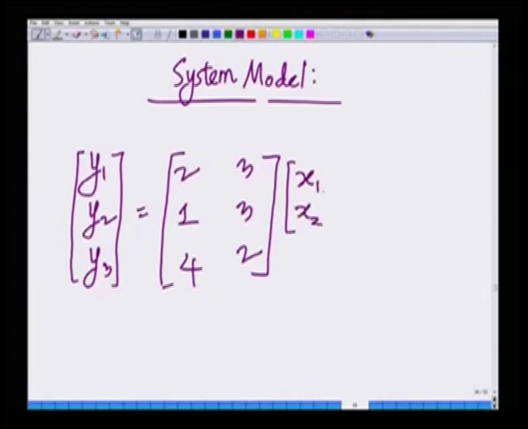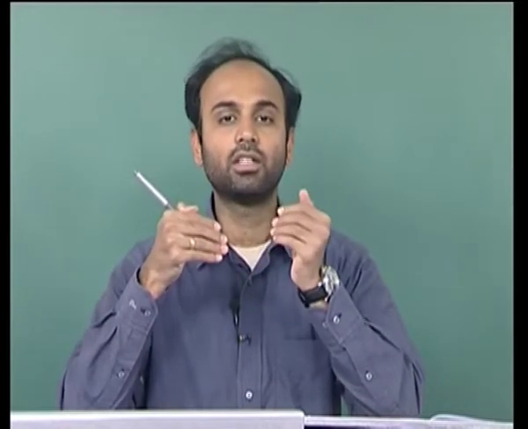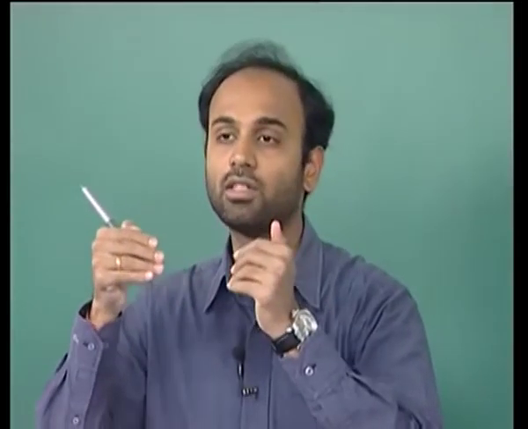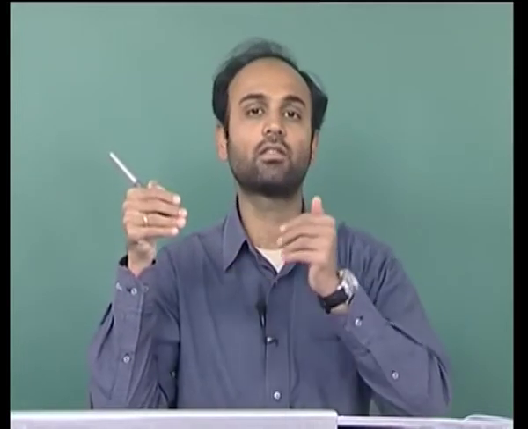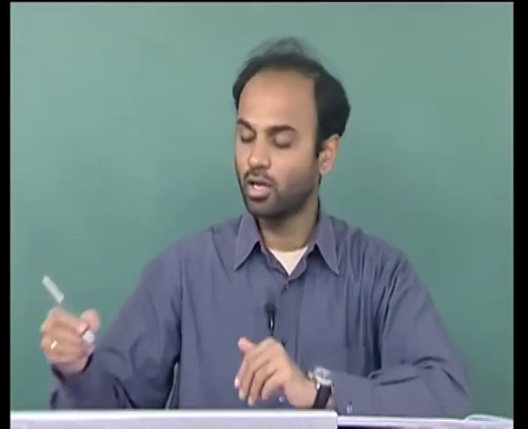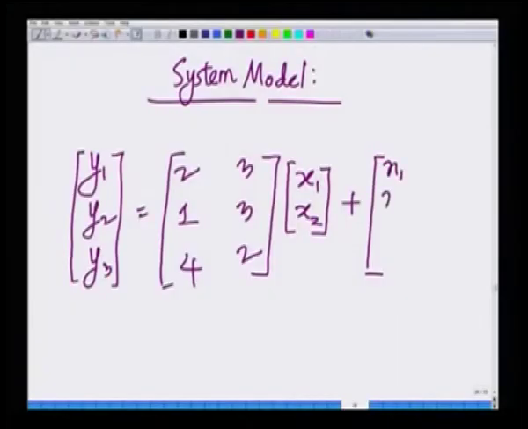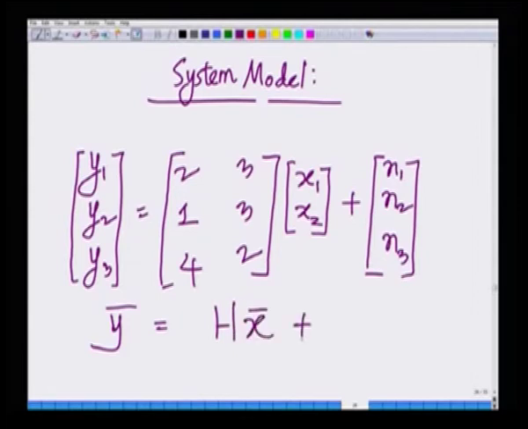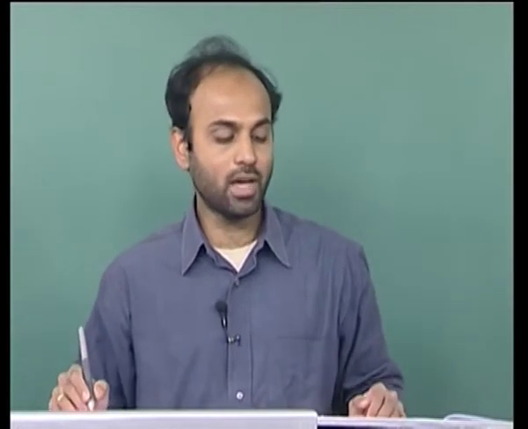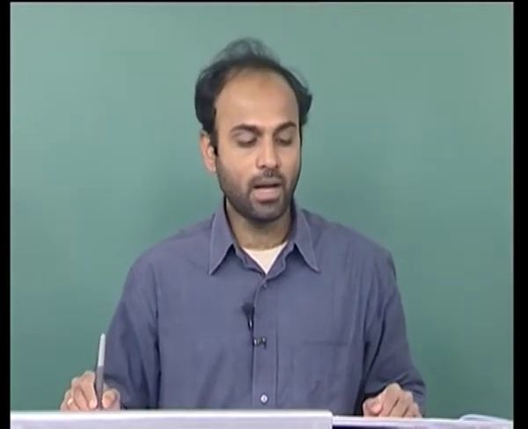Remember, there are only 2 transmit antennas, so the transmit vector is 2 dimensional, and 3 receive antennas, so the receive vector is 3 dimensional. So, this matrix takes us from 2 dimensional space to 3 dimensional space, hence it is 3 cross 2, plus receive noise n1 n2 n3. This is nothing but y bar equals H x bar plus n bar, which is what we had earlier.